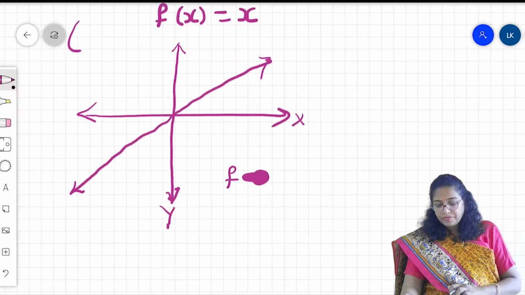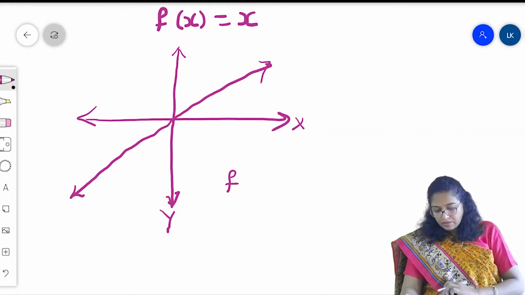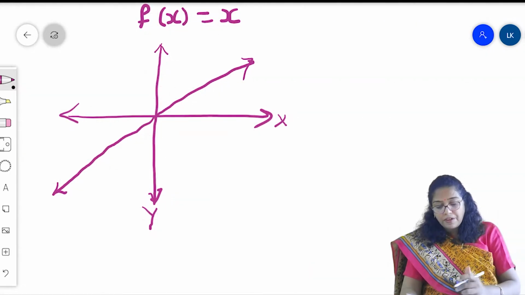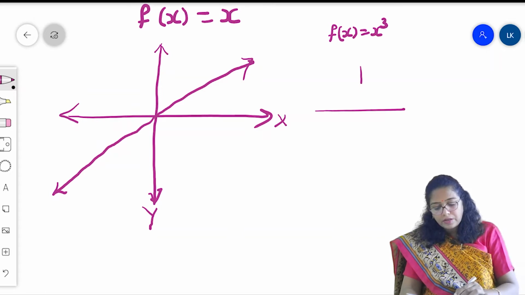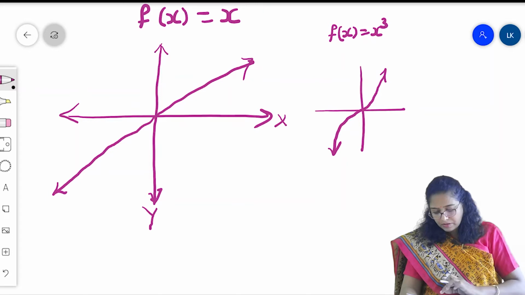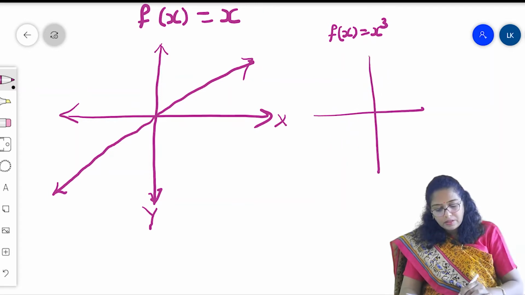Another graph, if we want to see, is the graph of f of x is equal to x cube. Its shape is like this. If I draw again, f of x is equal to x cube.